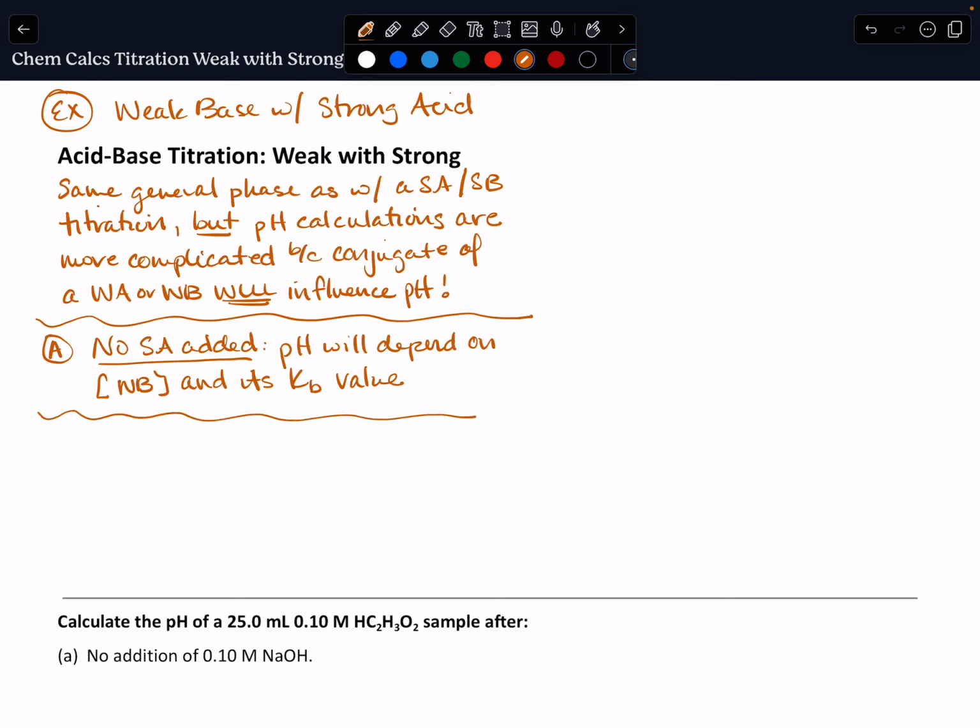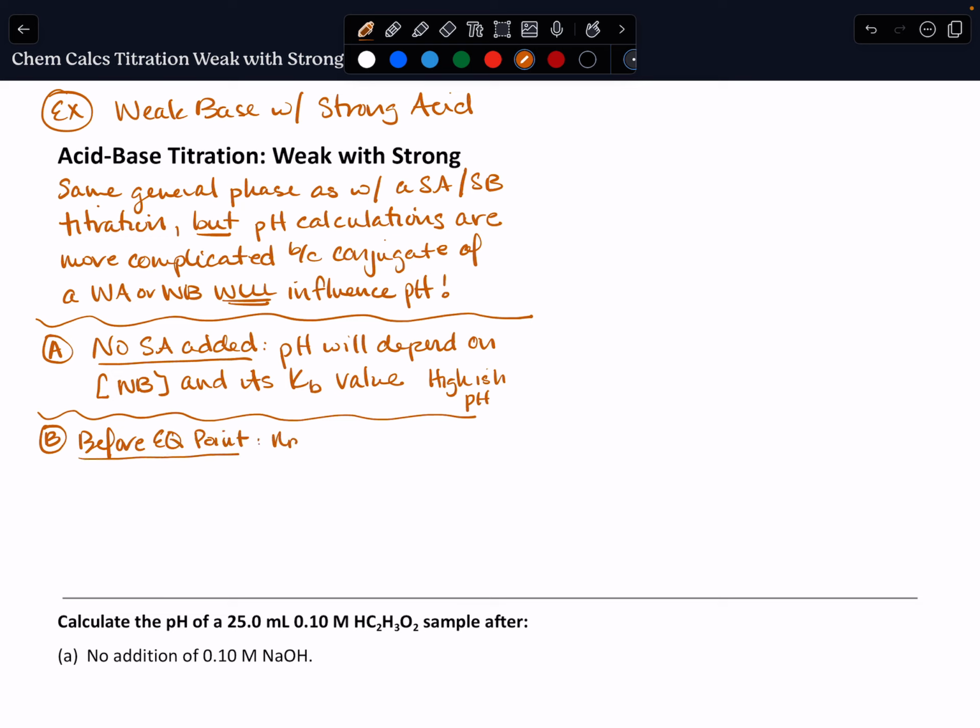I would expect to see a high-ish pH. I say ish because if it were a strong base, I would expect to see it up near 14. But because it's a weak base, it's going to be in the 9 to 12 range-ish.